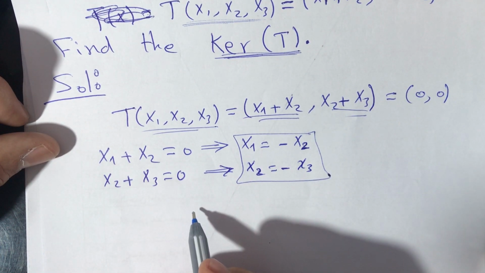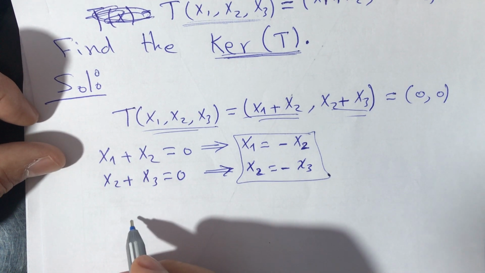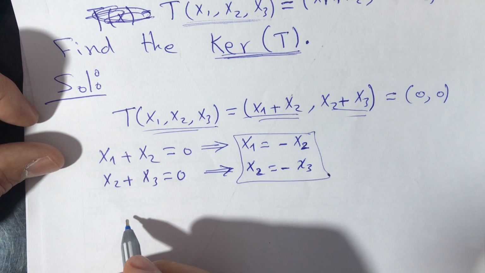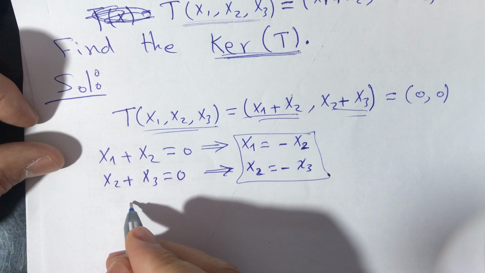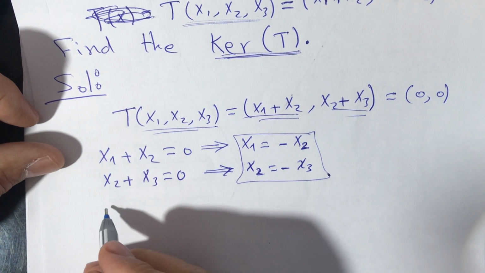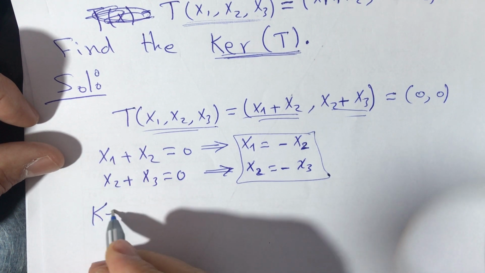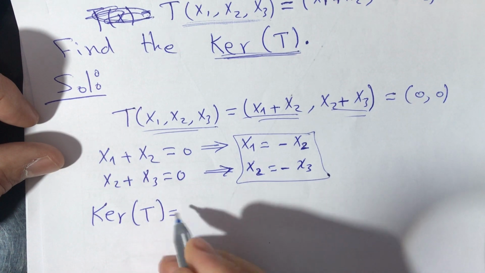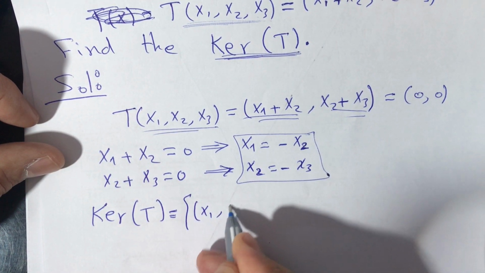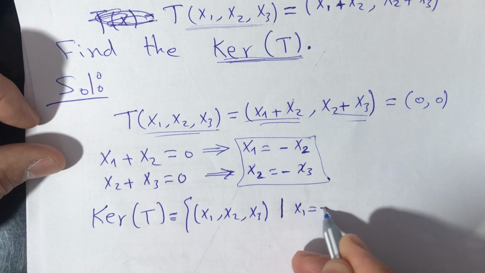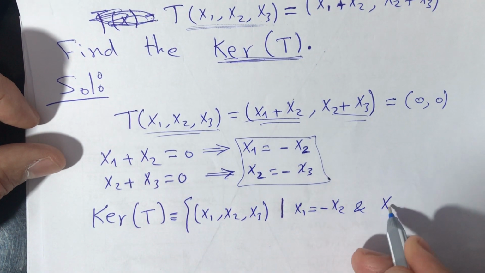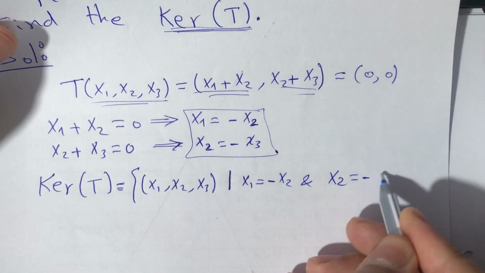That means, by the definition, kernel of T is equal to the points (x1, x2, x3) such that x1 is equal to minus x2 and x2 is equal to minus x3.